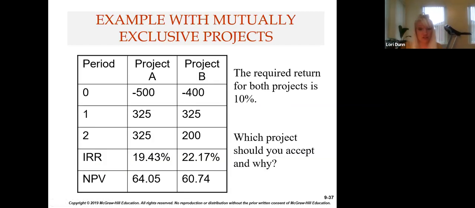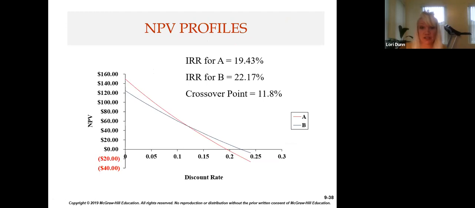Your internal rate of return answer may be different than net present value. That's not normally what happens, but in this case it did. So really take a look and find out, where am I making the most money? And you could do that by plotting your different net present values for each project under each interest rate.